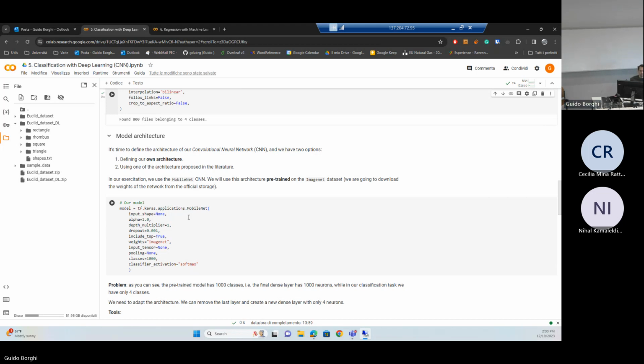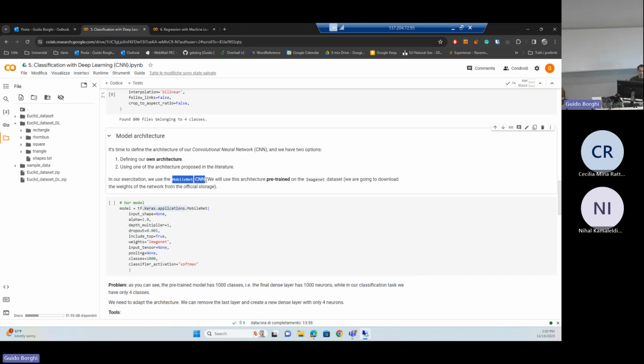In this case, for example, I decide to use the MobileNet CNN. You can see that the model is defined as the MobileNet network that is contained in the Keras application class.